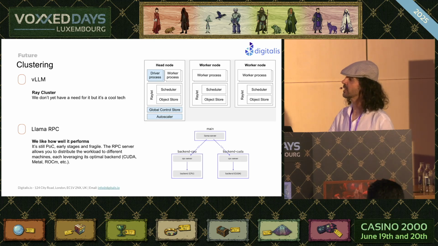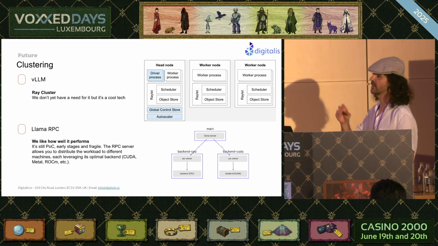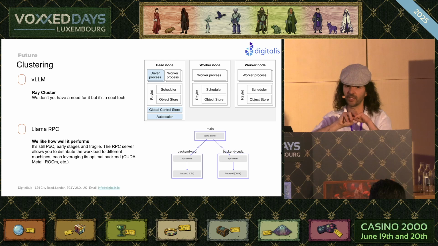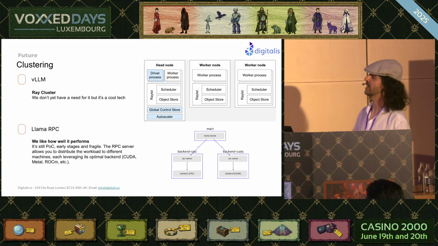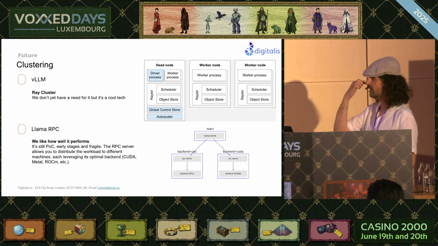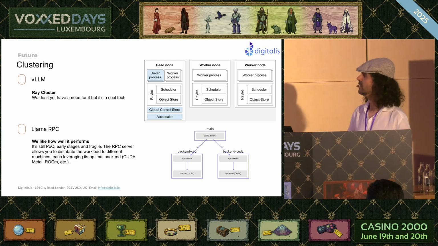The alternative with Llama.cpp is not bad either. They're using RPC. The RPC works similar to vLLM, whereby you send a request to a host and that spreads the request to multiple nodes by RPC protocol, and the answer gets answered by multiple nodes at the same time.